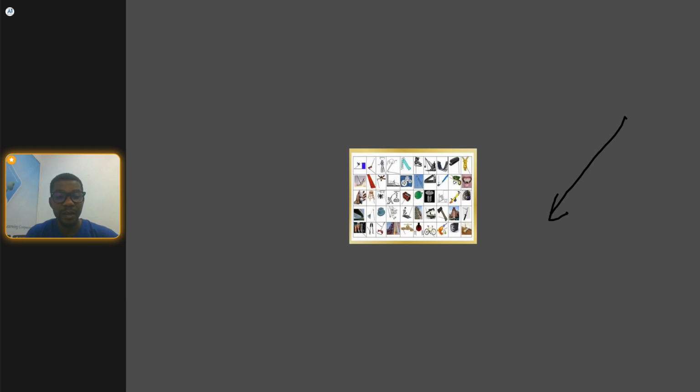Now on the screen here, we have different objects. We have different simple devices, let me call it that way. And all these objects, devices or instruments, when you look at them, they actually make work simple. We have the bicycle, the zipper, that is part of our clothing design.